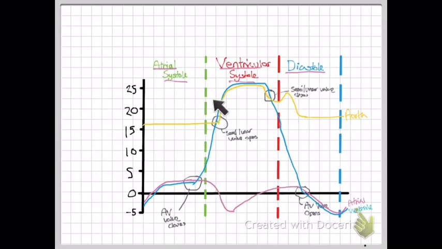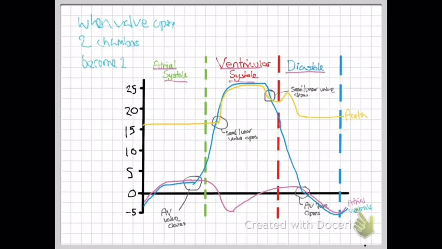Really quite complex, but the key thing to remember is when a valve opens, the two chambers that it's connecting become one. They become one chamber. Okay, because there's nothing closing them off.